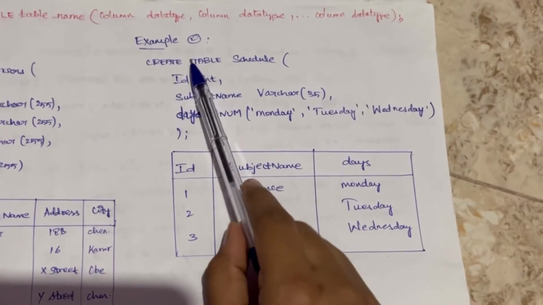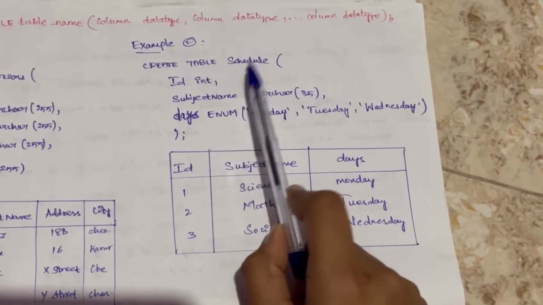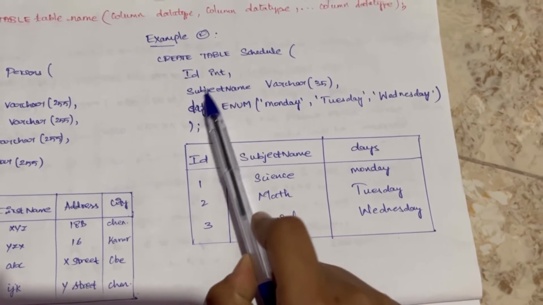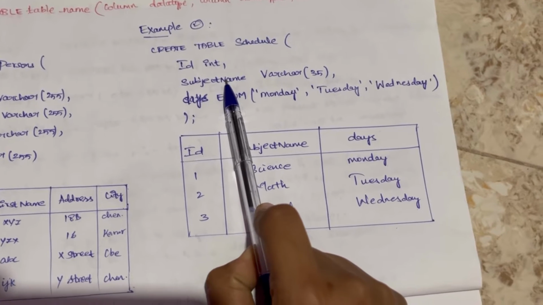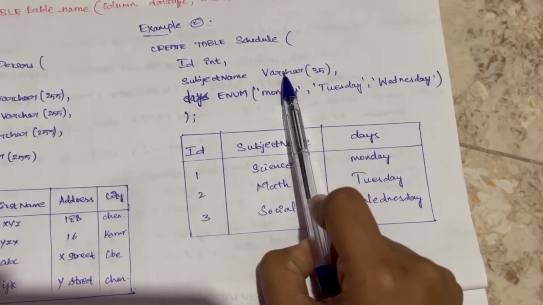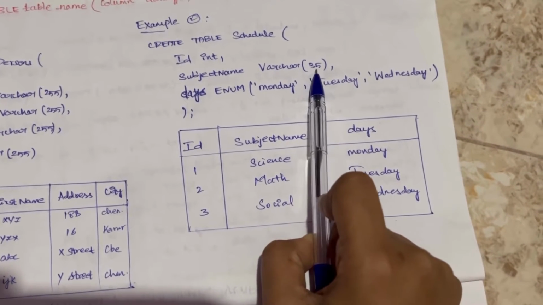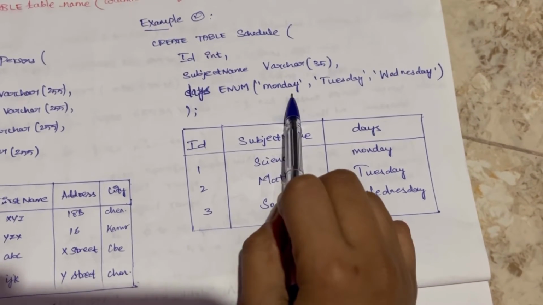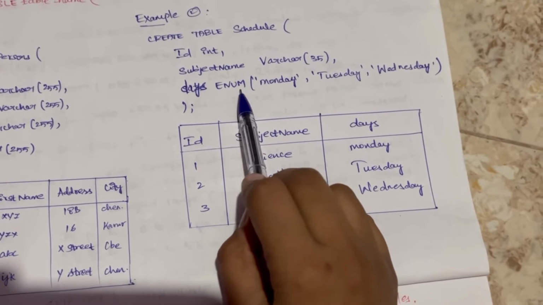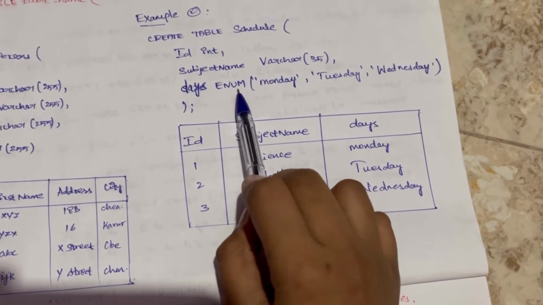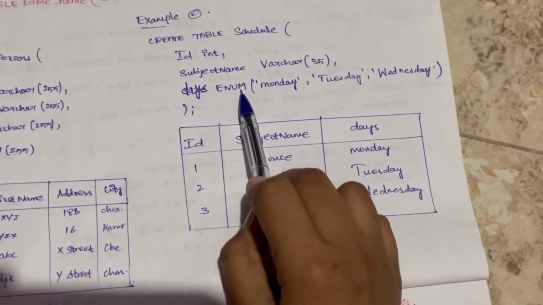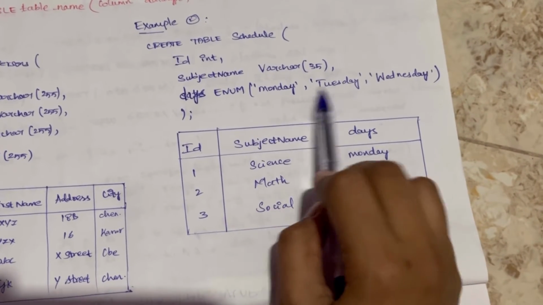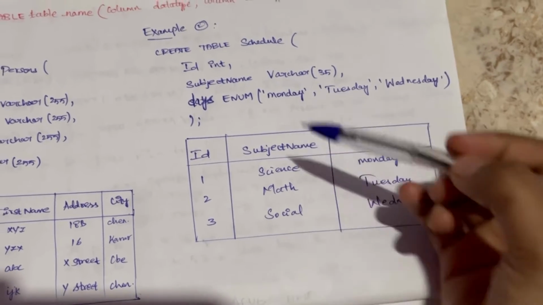And next one, create table, schedule is the table name, column name is id int, and subject name is the column name, and varchar 35 is its data type. And next we have days column name. So here we are using enum data type. So this is how you will be using enum. So enum is the keyword which you have to specify, and inside this enum you can have values which you want to use in your table.